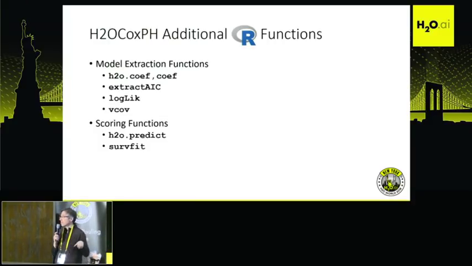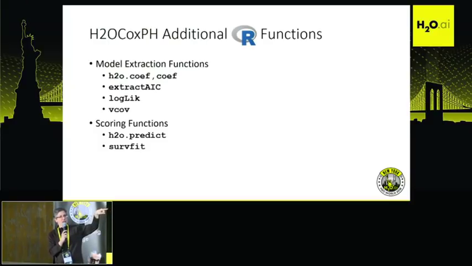The other one is getting a survival curve. I had an example, but in the interest of time, I'm not going to be able to show it. But what you can do is see how the likelihood of the event not occurring over time behaves, so survival.